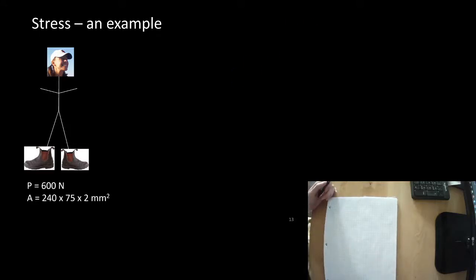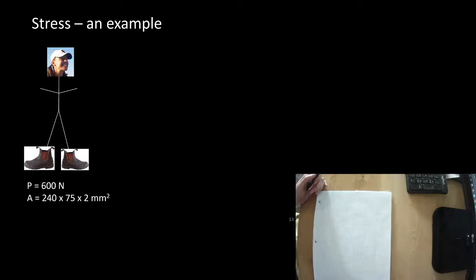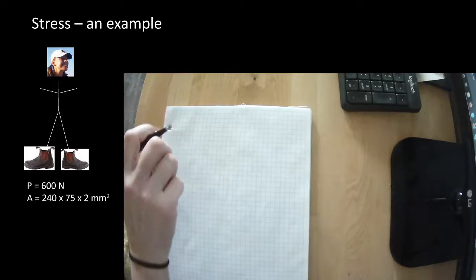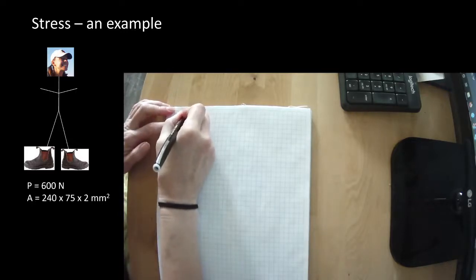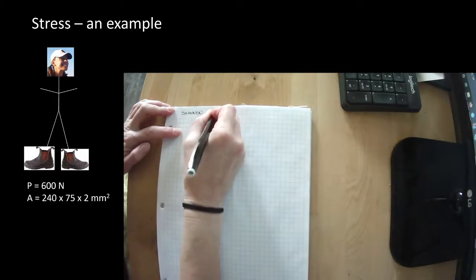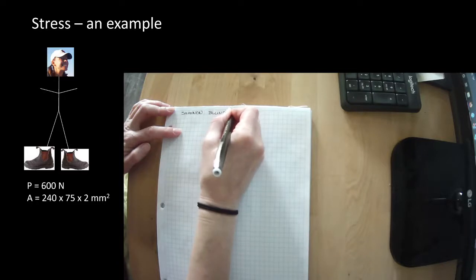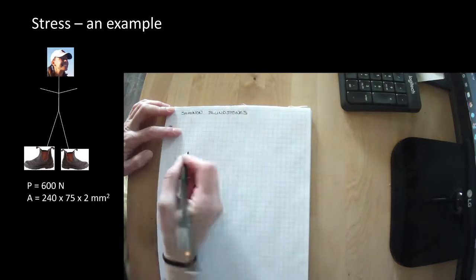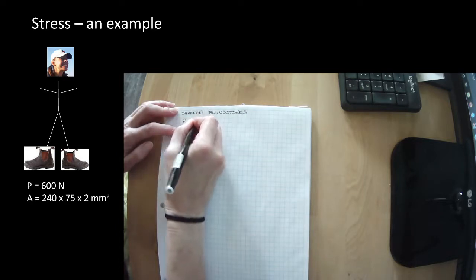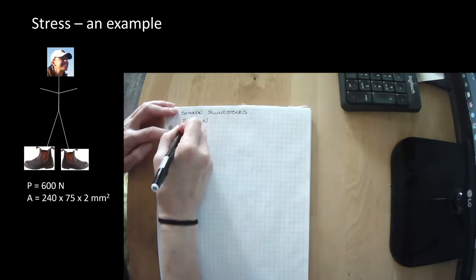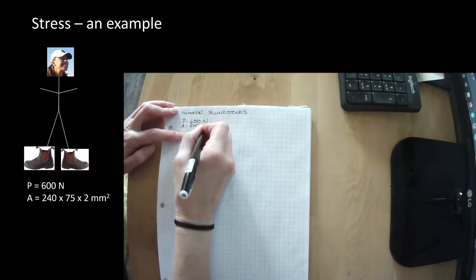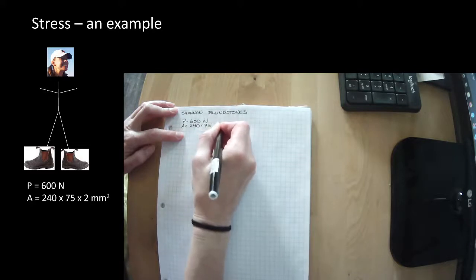So let's take a look here. We have Shannon in her Blundstones. We have a force equals 600 newtons. The area is 240 by 75, and I've got 2 feet.